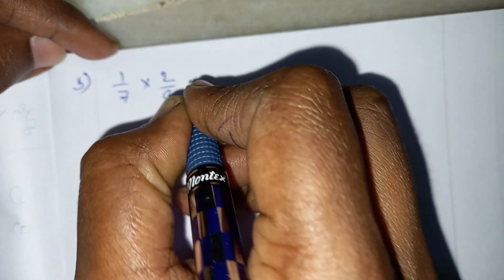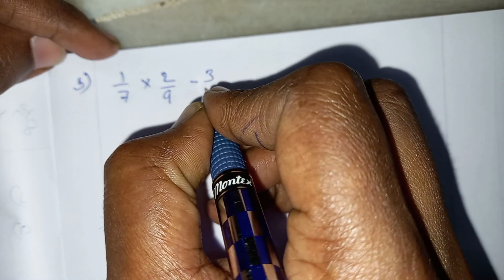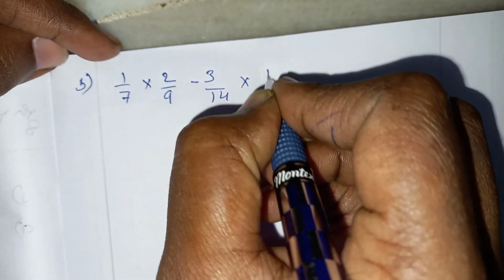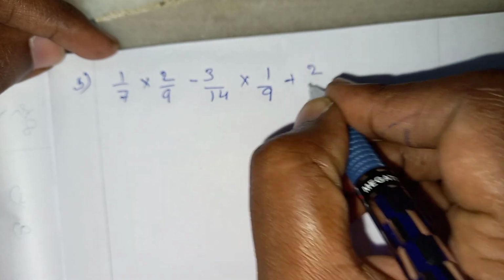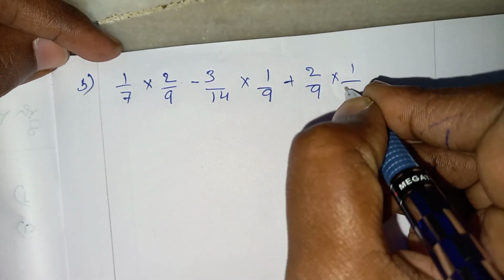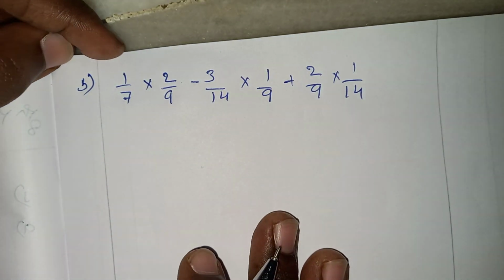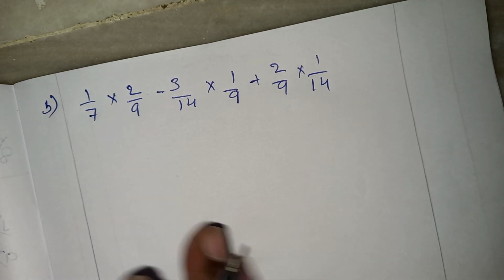Question B. 1 by 7 into 2 by 9 minus 3 by 14 into 1 by 9 plus 2 by 9 into 1 by 14. Okay.